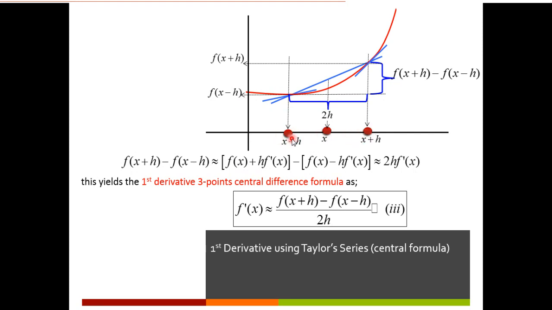If you have at least these two data, you can use the first derivative 3-point central difference formula to approximate the f prime x value.